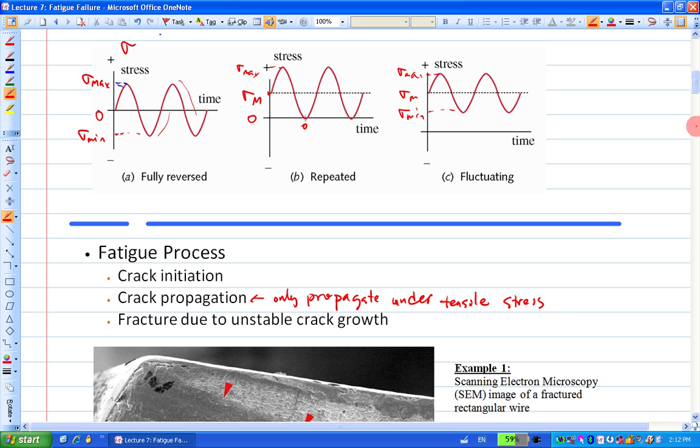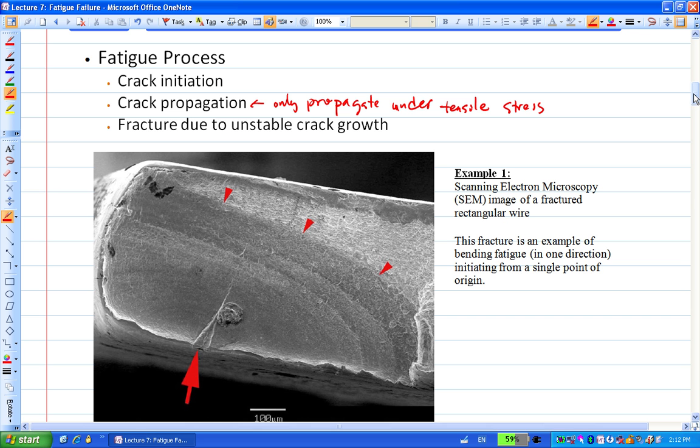Okay. So as you can see in this picture here, these are the so-called beach marks. You can see the crack propagation going along here. So this piece of wire is probably bending like what I said here. Most of the tensile stress is at the bottom here, right? So it's bending like that due to the normal stress, and it propagates like this, okay? Until at a certain stage over here, this is the last one, called fracture due to unstable crack growth.